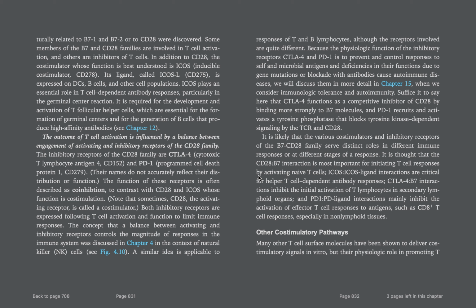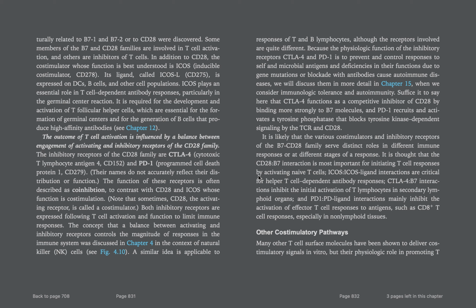The outcome of T cell activation is influenced by the balance between engagement of activating and inhibitory receptors of the CD28 family. The inhibitory receptors of the CD28 family are CTLA4, cytotoxic T lymphocyte antigen 4, CD152, and PD1, programmed cell death protein 1, which is CD279.